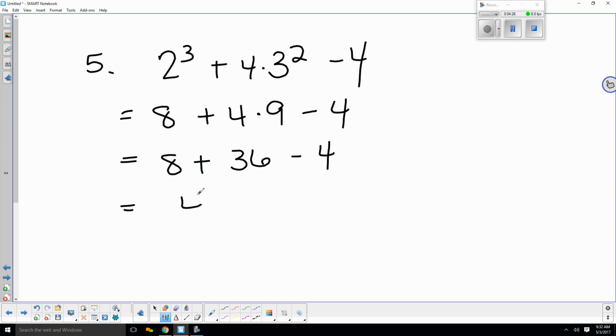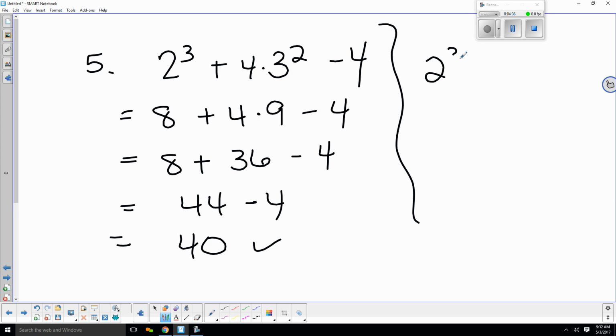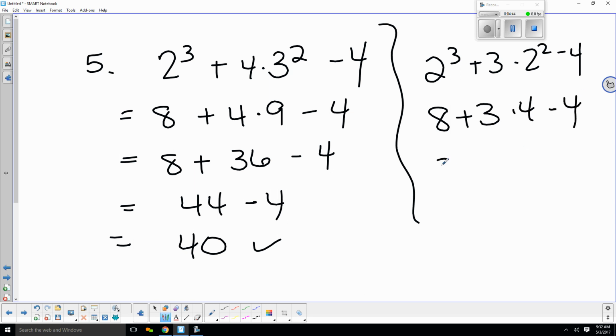8 plus 36 is 44 minus 4. So the first one equals 40. Okay, the first equation equals 40. I'm going to come right here and do the second one. This one is not going to equal 40.